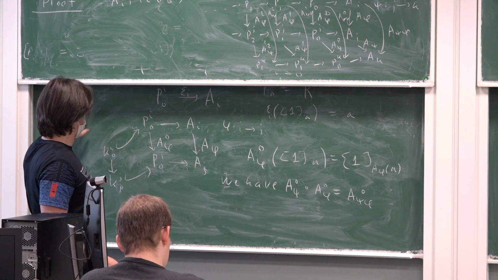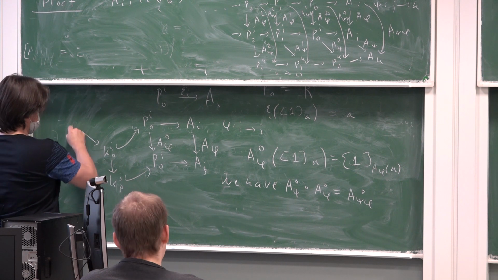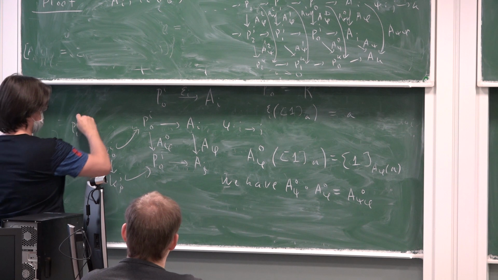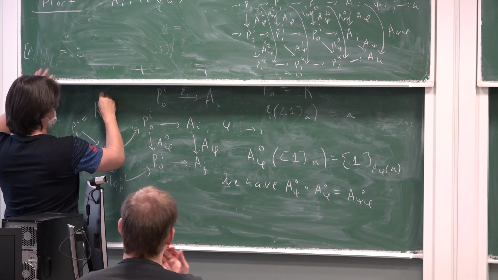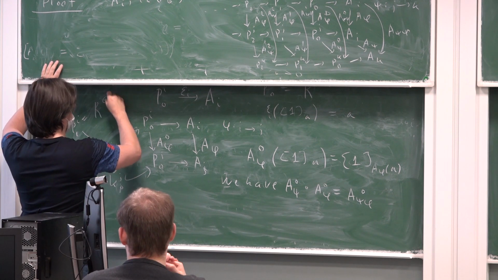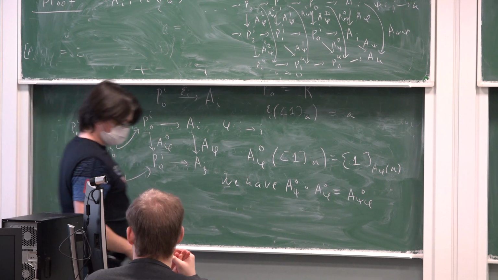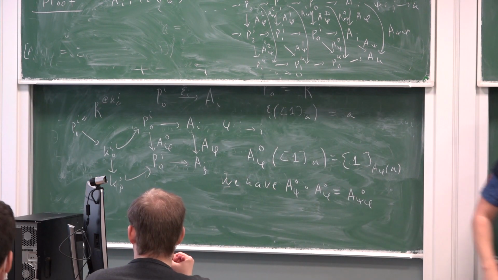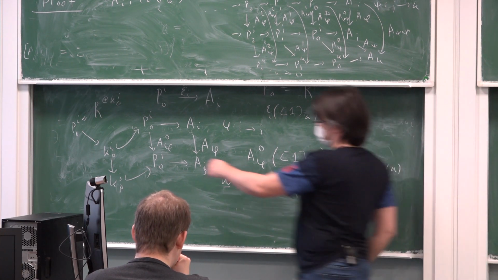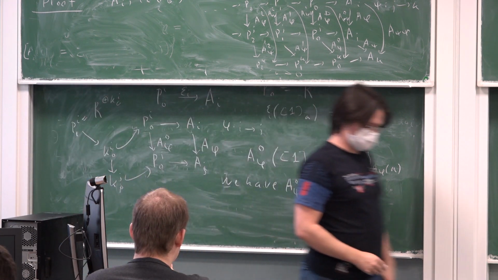So for kernels we choose P1 I to be equal to free module generators indexed by the kernel, and the obvious projection on the kernel, and again you can lift this map between kernels to projective covers.